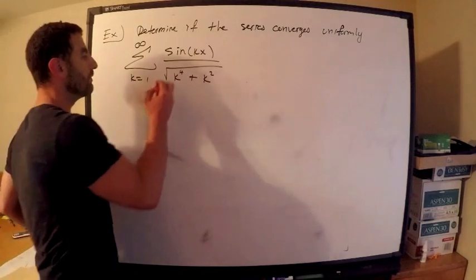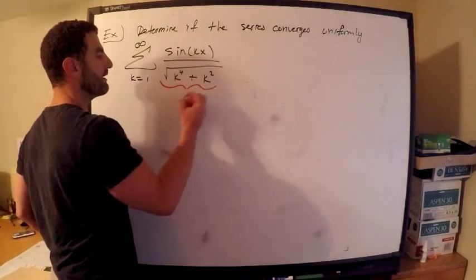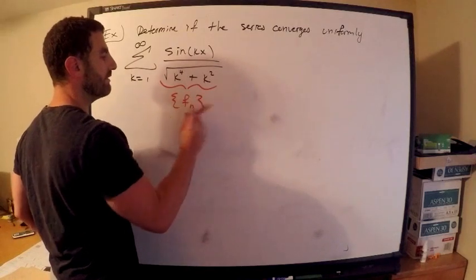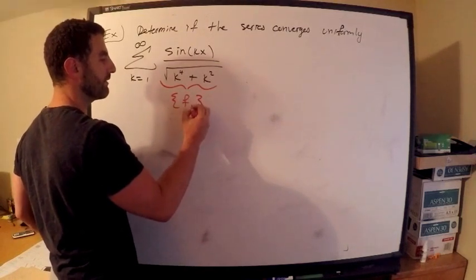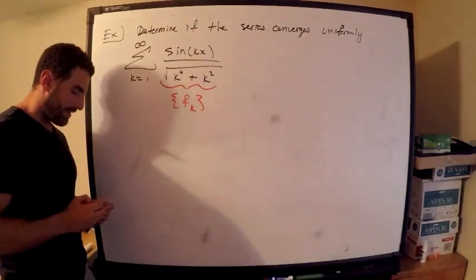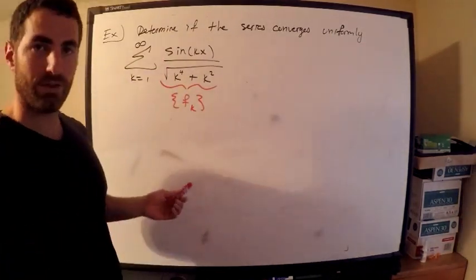We can think of these as my sequence of f_n's, and we'll put a k since these depend on k. I use k instead of n, it doesn't matter, it's just labeling. I want to bound these, I want to use the M test.